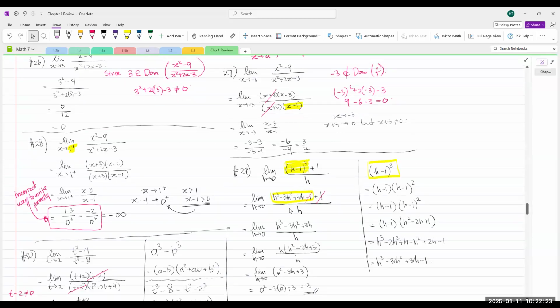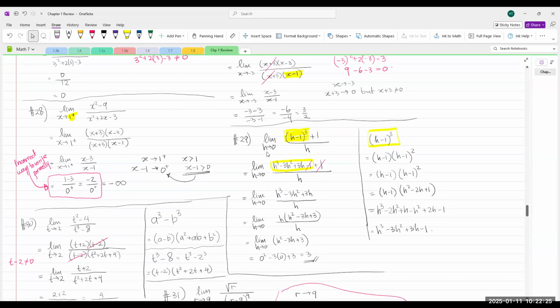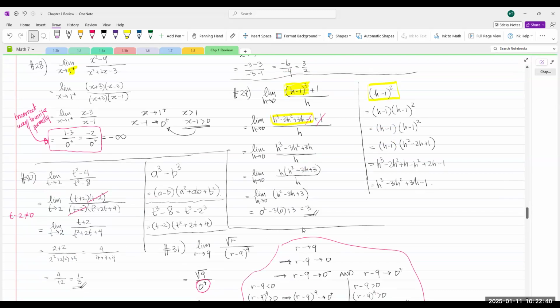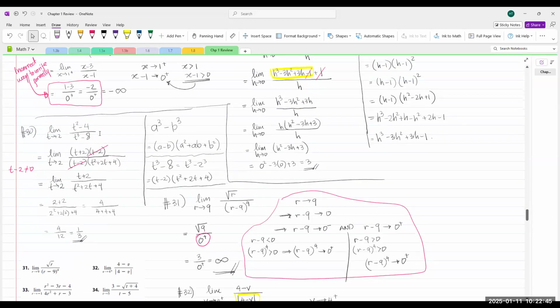Number 29, 0 is not in the domain of this function, so I simplify first. We are lucky in this case, because when I simplify, I get a polynomial which is continuous everywhere. So after we get just the polynomial, we plug it in. That's for number 29.